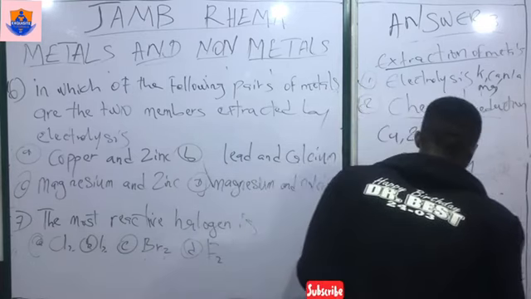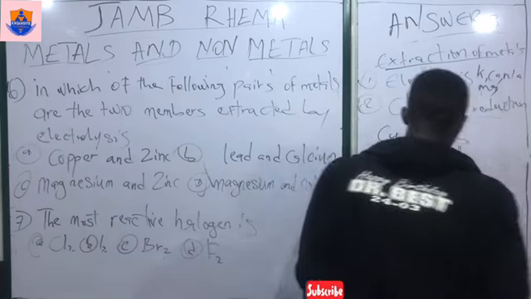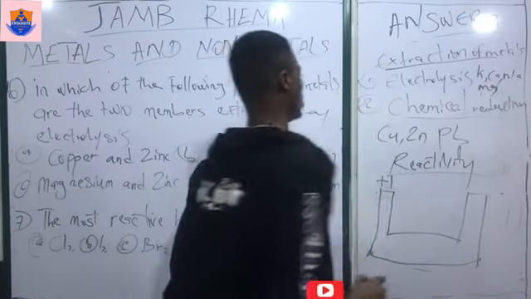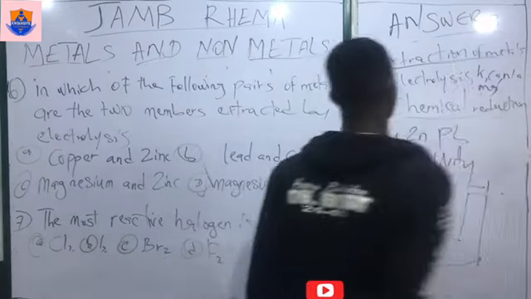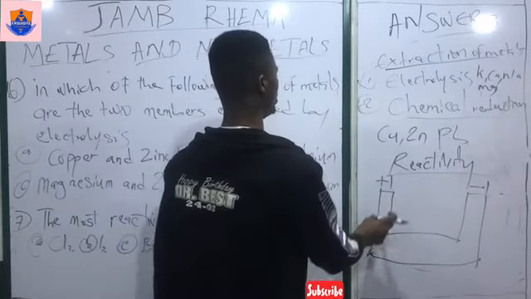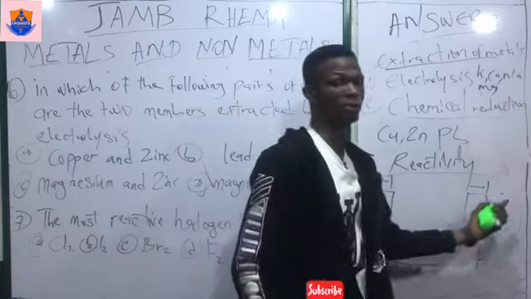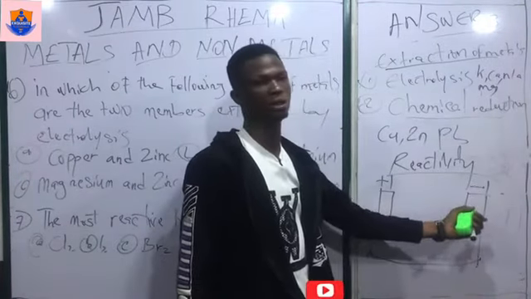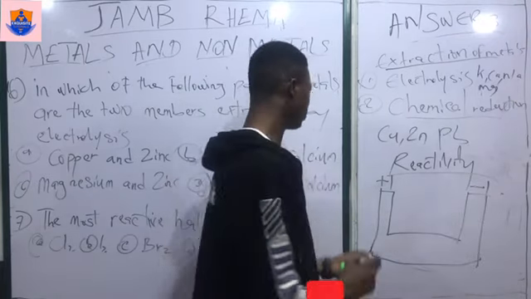We are only using some part. Let's say here are your most reactive metals, plus 1, and your most reactive non-metals, minus 1. Now, these are your alkali metals, these are your halogens. Remember, your alkali metals are the most reactive metals, your halogens are the most reactive non-metals.